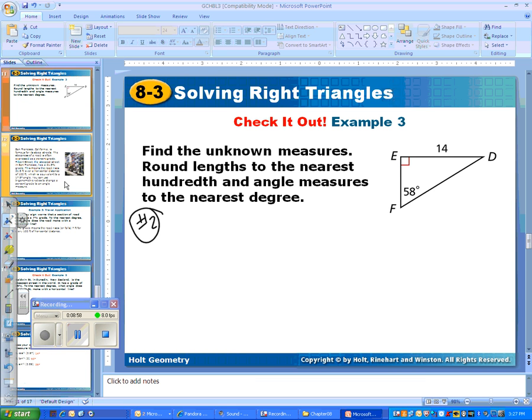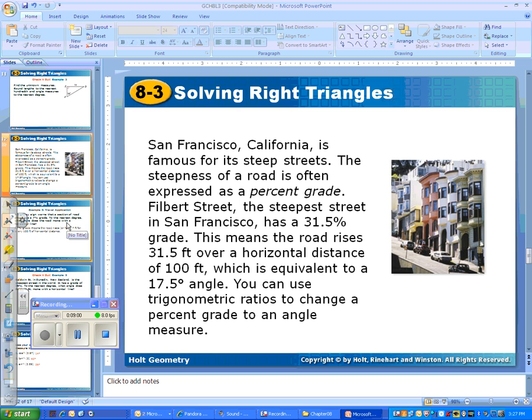The last thing that we're going to do is apply it to the real world. Whenever you see something like percent grade or something about steepness, or a 31.5% grade, that's telling you how much a road or a stair or something is rising and running. So a 31.5% grade means that the road is rising 31.5 feet for every 100 feet that it goes.